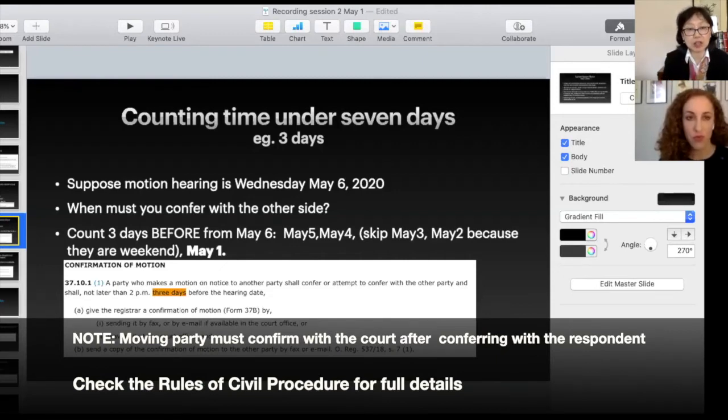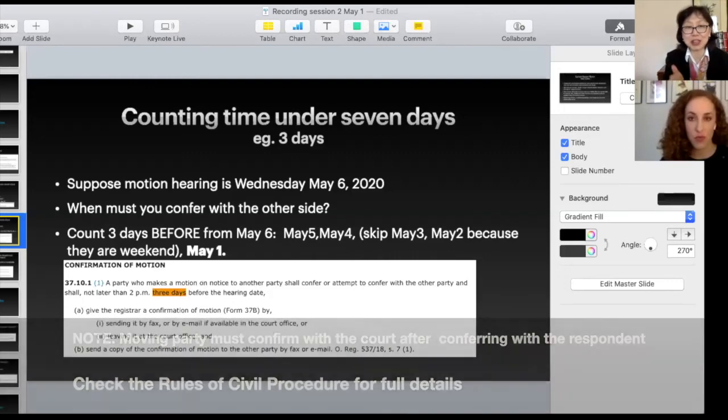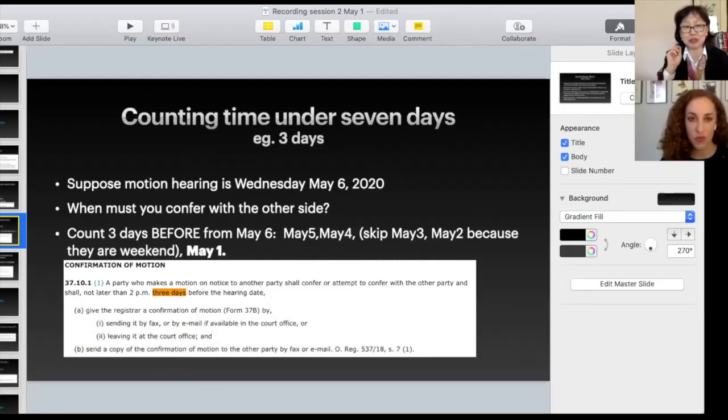And it says in Rule 37.10.1 that you're supposed to do this no later than 2 o'clock 3 days before the hearing date. All right, so the hearing date is May 6th, and you're supposed to do this 3 days before May 6th. What actually does that mean?